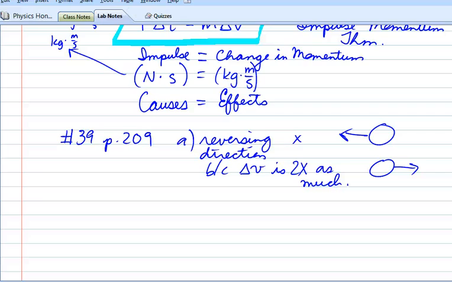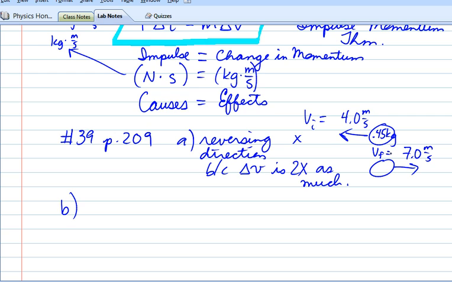Okay, now for part B, we actually want to calculate the average force if we have a situation where this is a 0.45 kilogram volleyball and it's traveling toward you with a velocity of 4 meters per second, so that's v initial, and then after it leaves your hand, it's going with the final velocity of 7 meters per second.